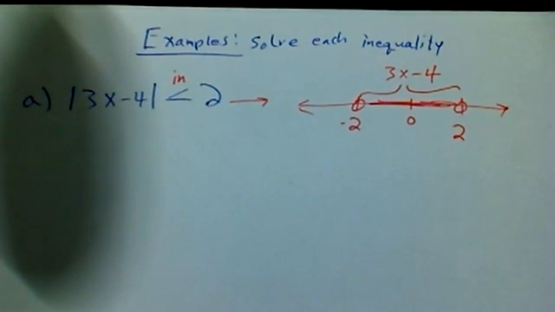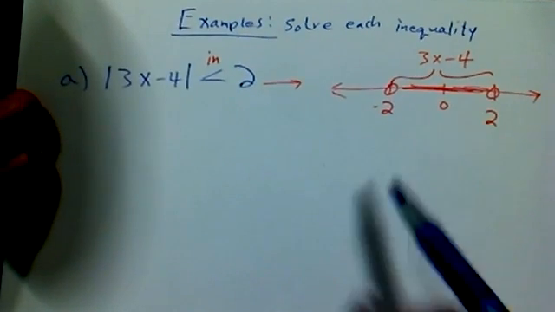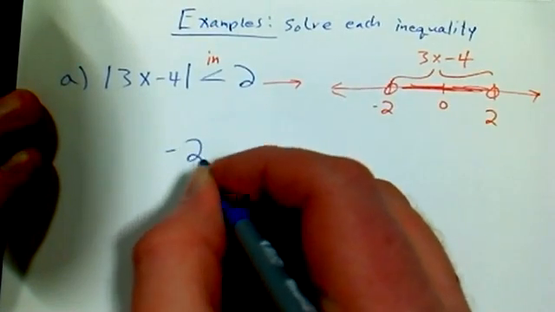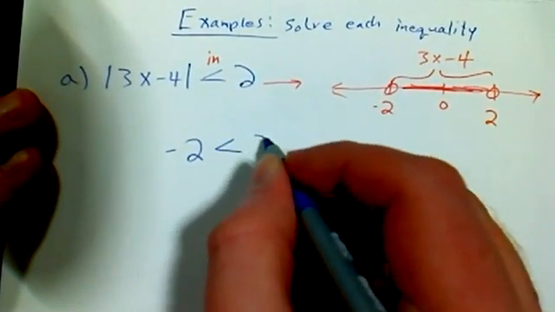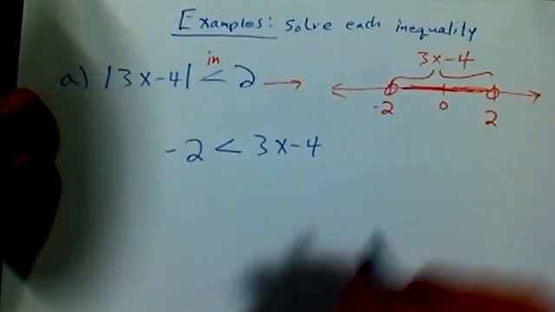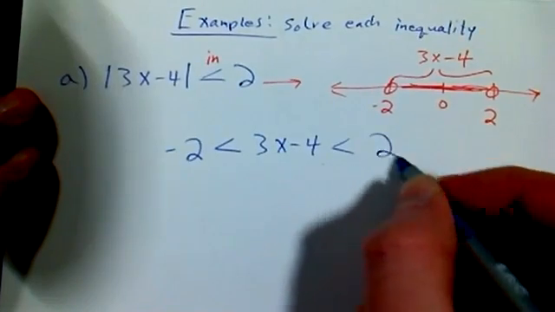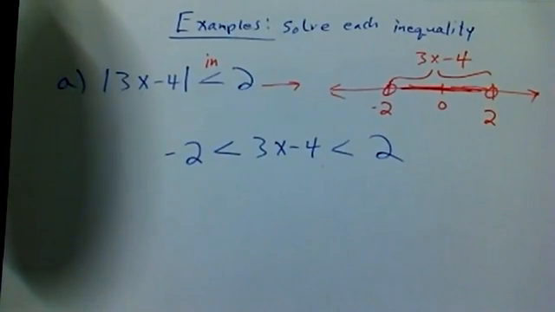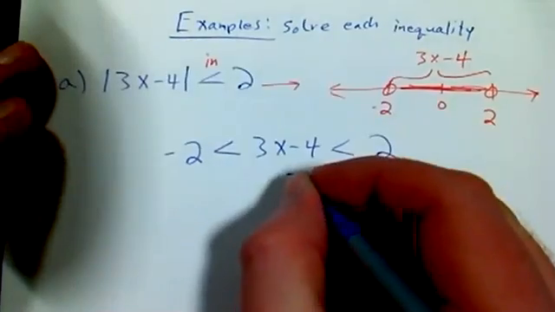Now, we don't want 3x minus 4. We want x, of course. But you can probably see from this line graph that -2 is less than 3x minus 4 is less than 2. So we have one of these compound inequalities we saw in 1.7. Now I'll just solve this like normal.